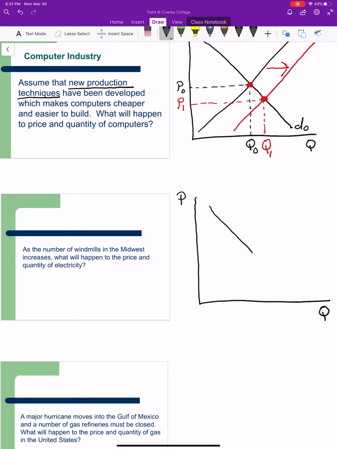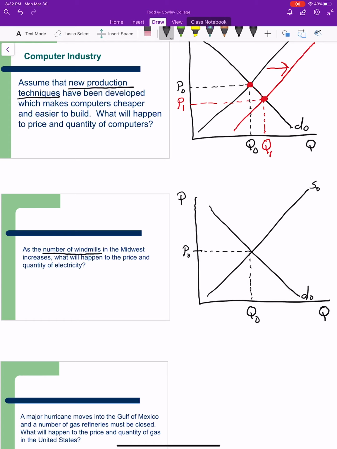We have a downward sloping demand curve for electricity. And we have our upward sloping supply curve, S naught. All right, starting out with our equilibrium price of electricity, however much that is per kilowatt hour, and we have our equilibrium quantity.